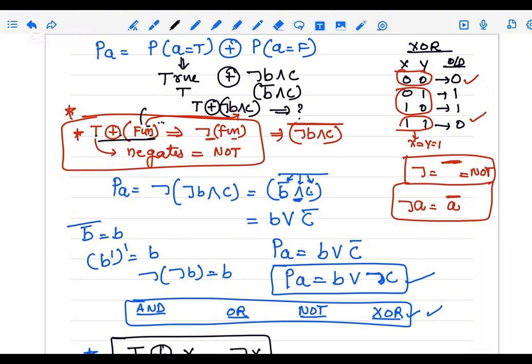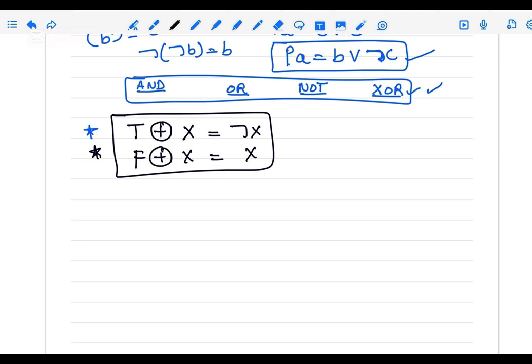So here the function is X. X equals to not of B and C. This value is this one. So negation of this one, X. Function is X. Okay. Remember, if you forgot in the exam, there is a trick, right? So true XOR with X means, so true. How do we write true? Like this, right? So you can avoid this one.